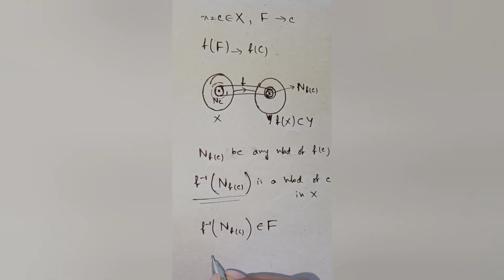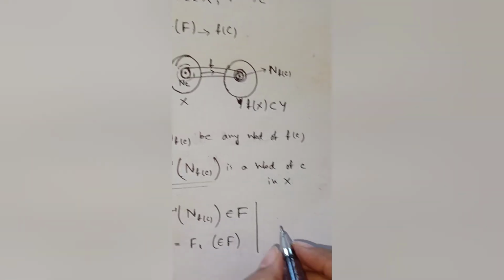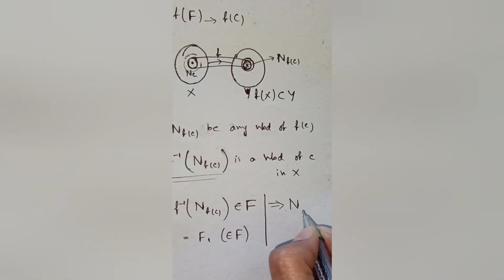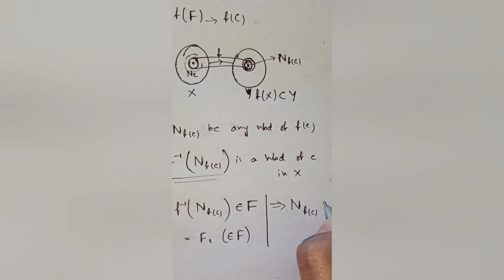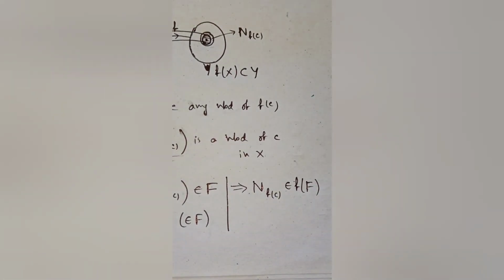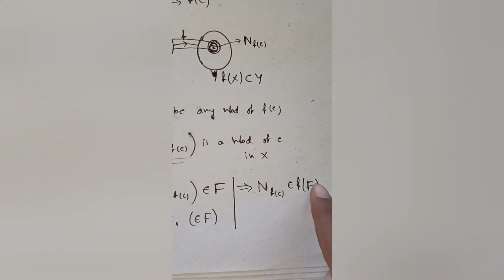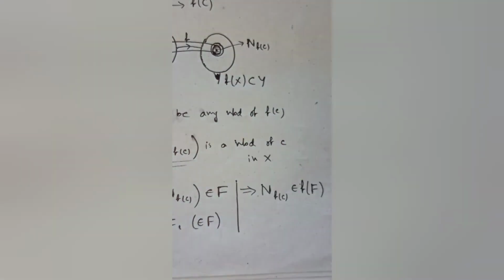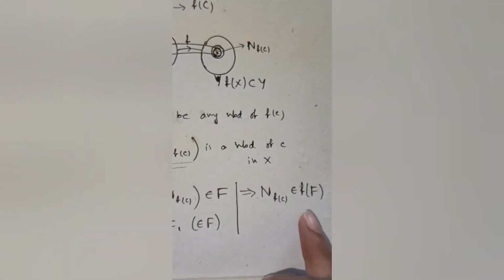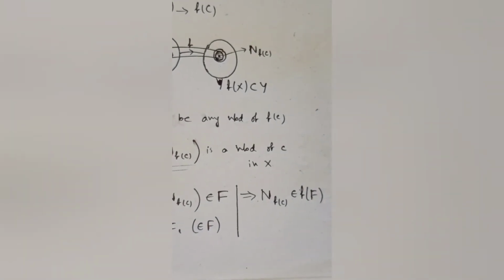So it must be equal to some F1 that lies in capital F, which implies that N of f(c) belongs to the f image of capital F. So the f image of the filter F also forms a filter in Y. We have to show that this f image of the filter converges to f(c).